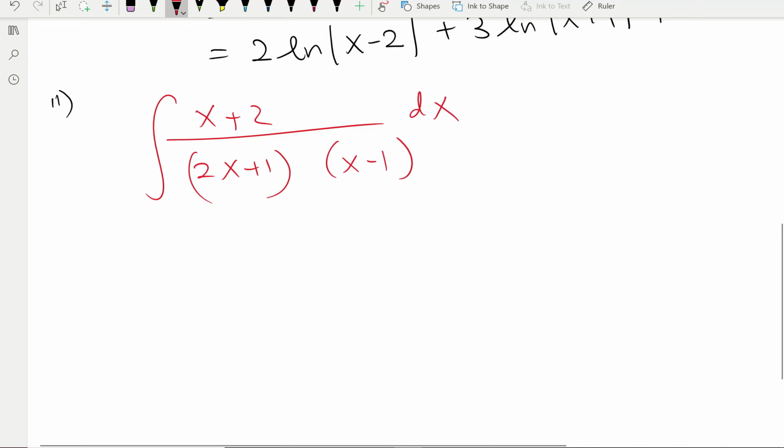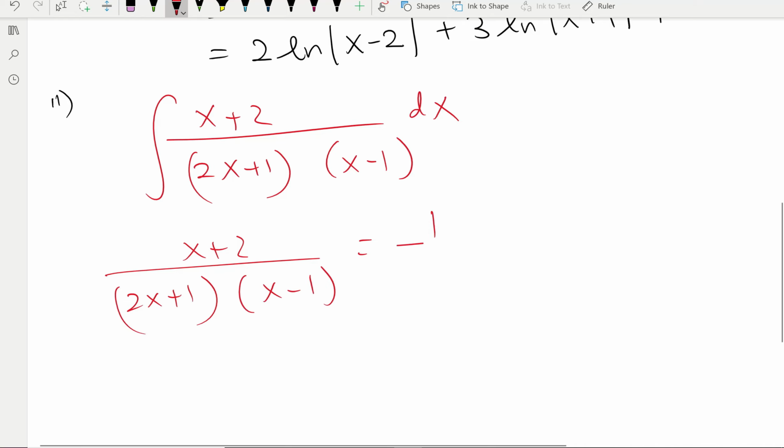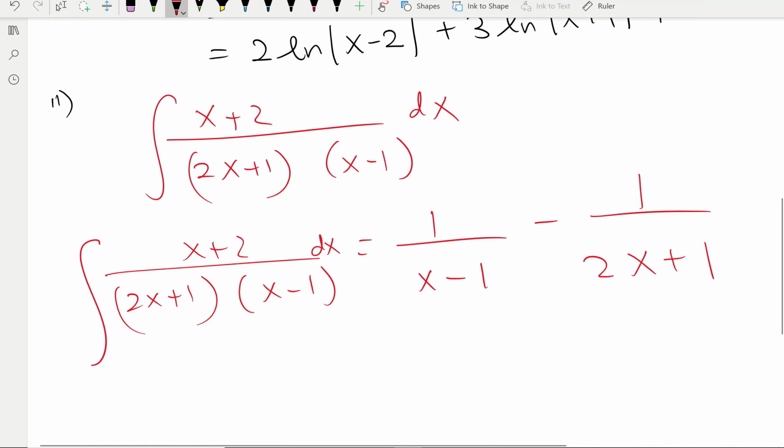Once you do the partial fraction decomposition, this is what you get. I'm going to give this to you, I'm not going to do the partial fraction decomposition here. You already know how to do that. So the decomposition is 1 over x minus 1 minus 1 over 2x plus 1. So let's integrate. You want to integrate with respect to x.